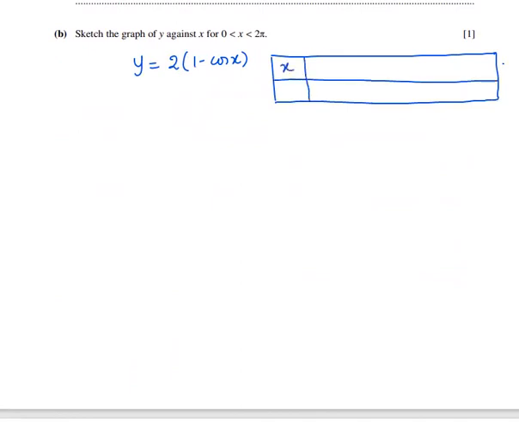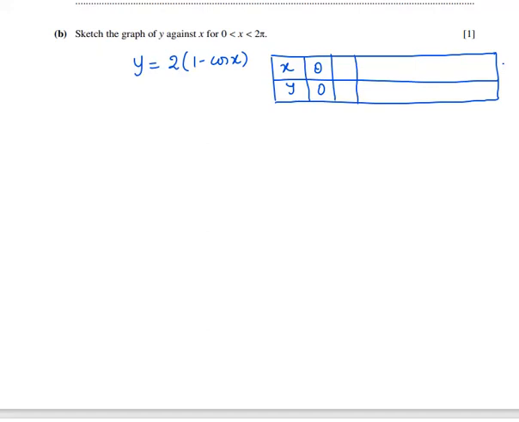This is the x value and this is the y value. When x is 0, y is how much? y is 0, because cos 0 is 1, 1 minus 1 is 0, 2 into 0 is 0.